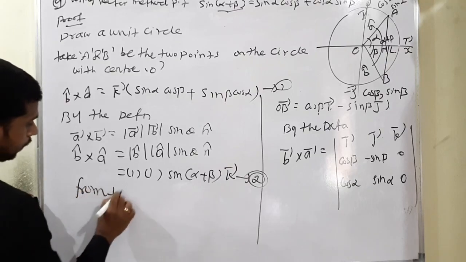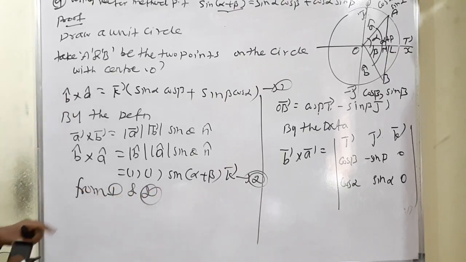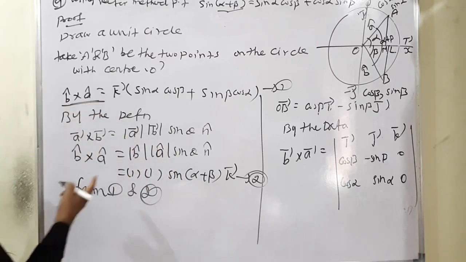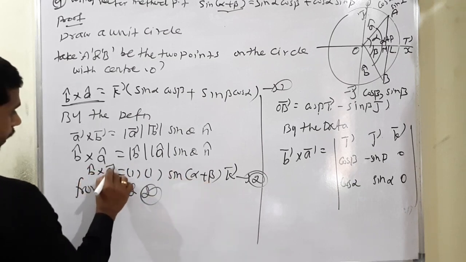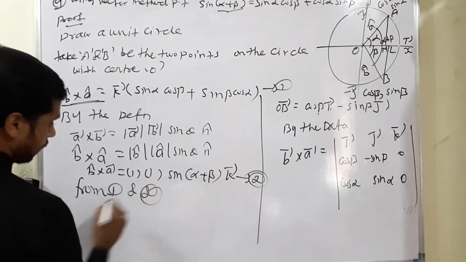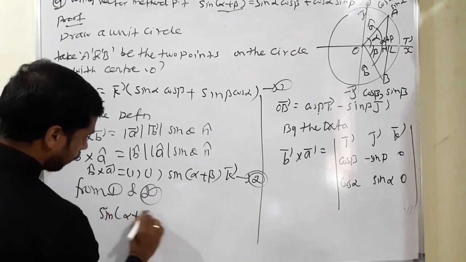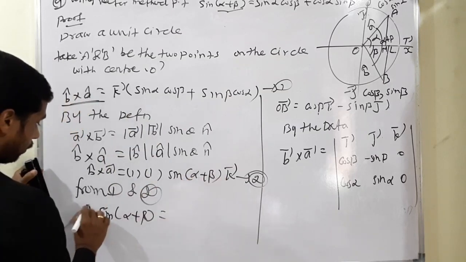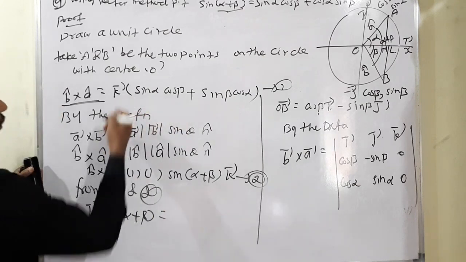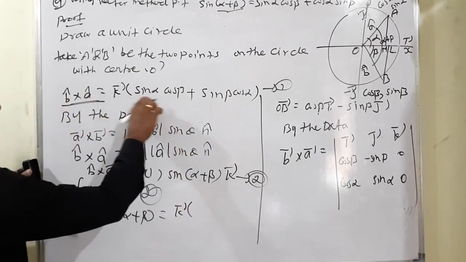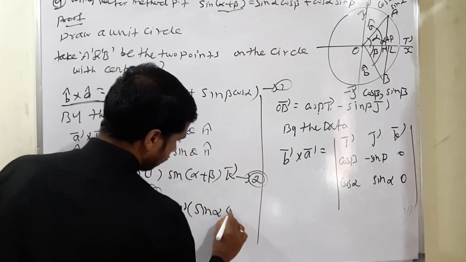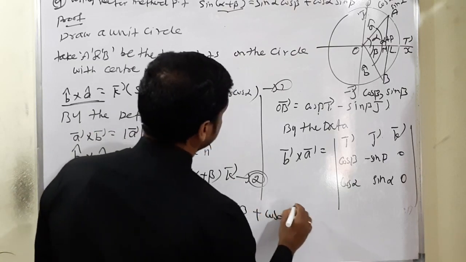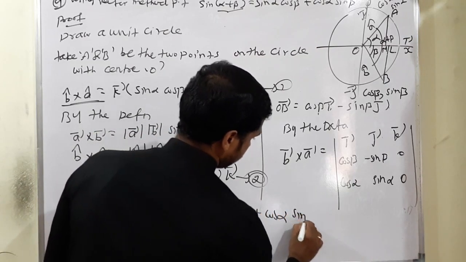Therefore from 1 and 2, in equation number 1 we have B cap cross A cap, and equation number 2 also B cap cross A cap, so these will be equal. Sin alpha plus beta into K vector is equal to K vector into sin alpha cos beta plus cos alpha sin beta.